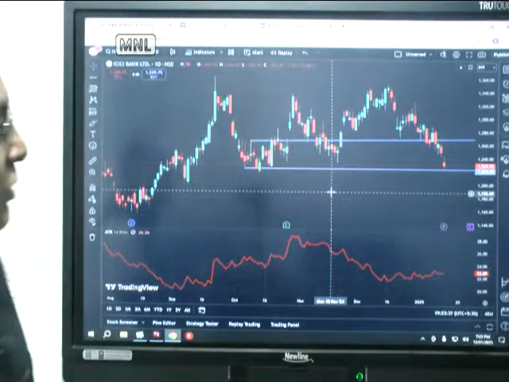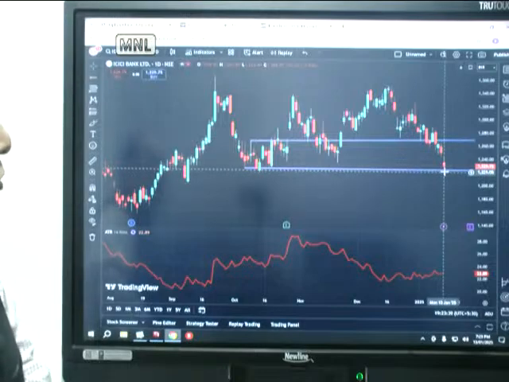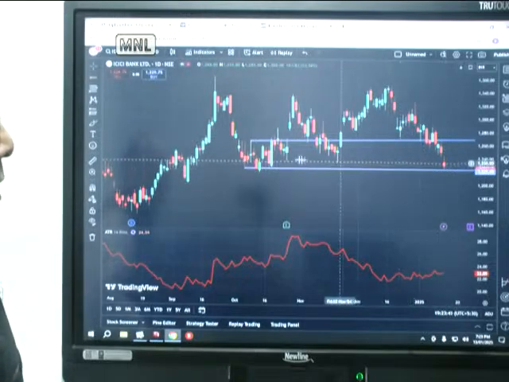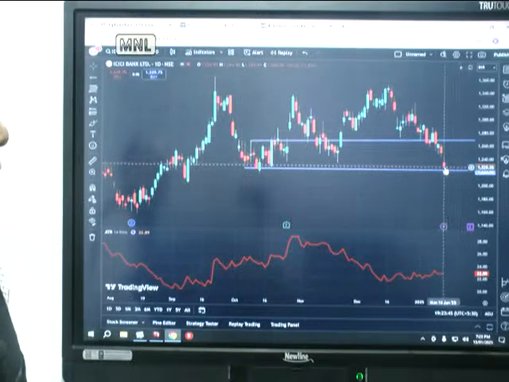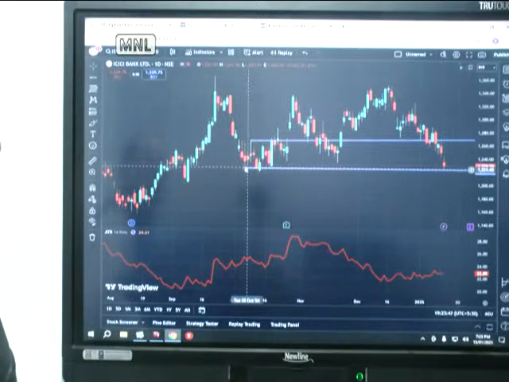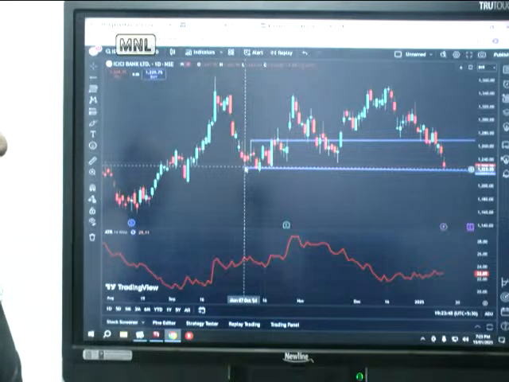It has come down to this level, right? For illustration, now you go to the left-hand side of the chart. The bottom which corresponds to this low of today, that is 1224. Now the same 1224 here. So what happens?